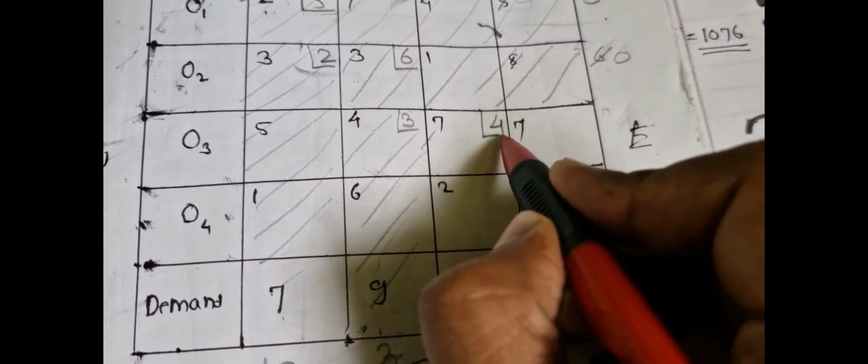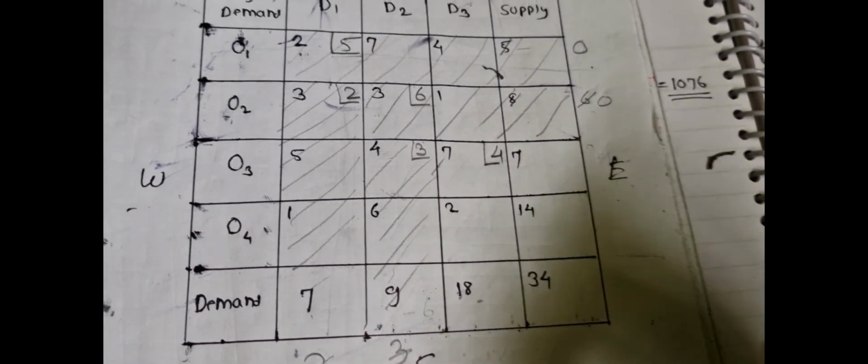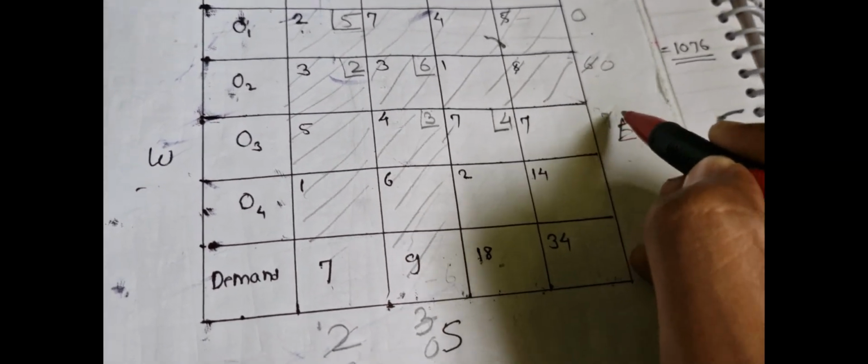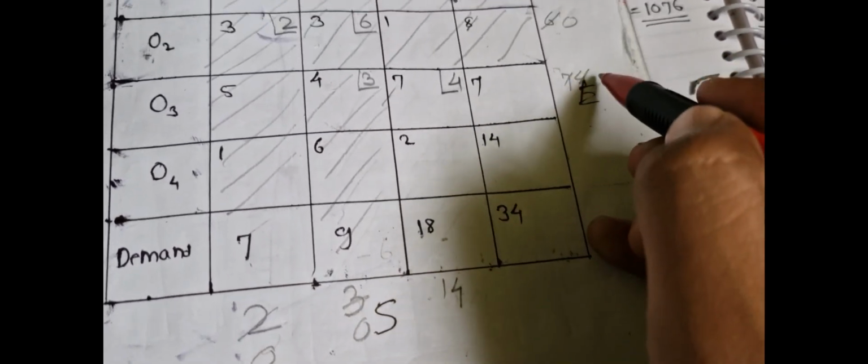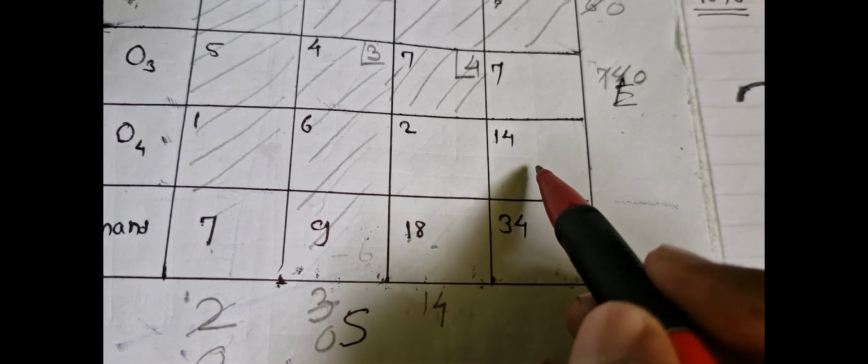For that 7, the supply is 4 and the demand is 18. In that, the minimum value is 4, so let's put 4 in that table. Then the supply is fulfilled, so it is 0. Then 18 minus 4 is 14. The supply is fulfilled, so we need to cross the line.